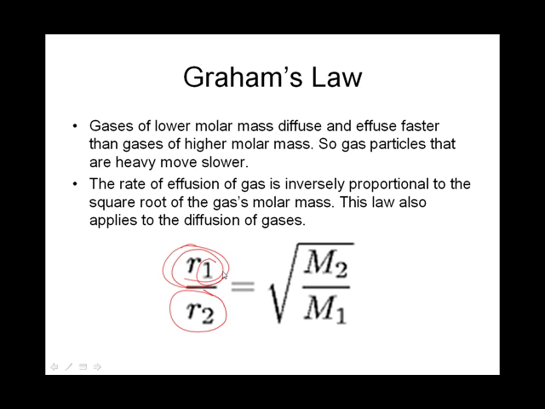This is R1, the rate of one of the gases, and the mass of 1 is down below, and R2 is down below on the left, and then I have the M2, which is in the numerator on the right. So this is the formula for comparing the diffusion rate of two gases.